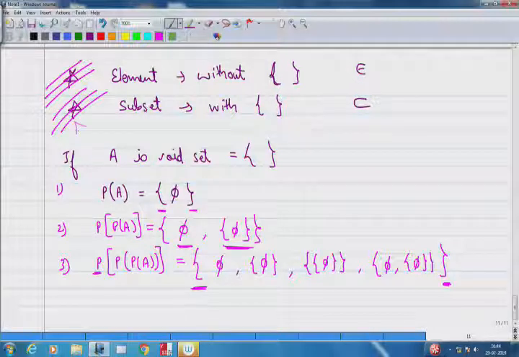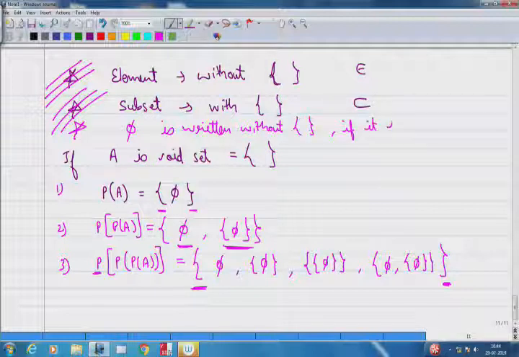And the third point you can also write over here: phi is written without curly braces if it is a subset. If it is already a subset, like phi is a subset of every set, that is written without parentheses, like I have written here, you can see.